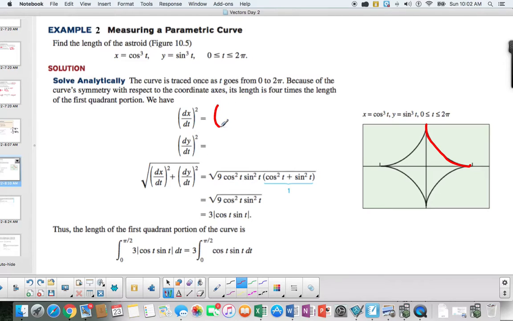So the derivative dx dt is 3 cosine squared t times negative sine t quantity squared. And then this one will be 3 sine of t times 3t squared times the cosine of t quantity squared.